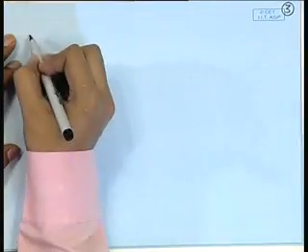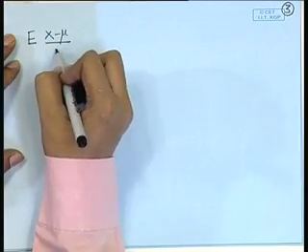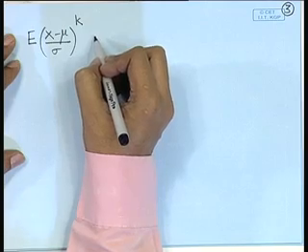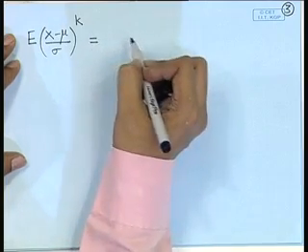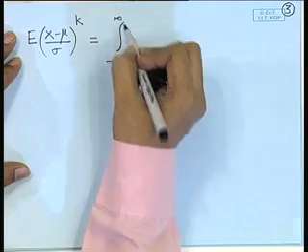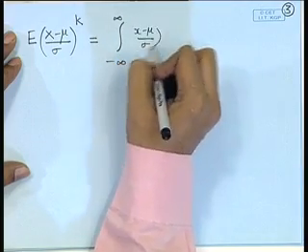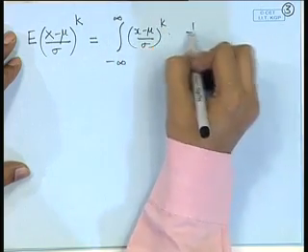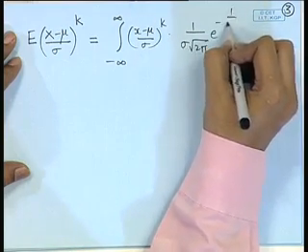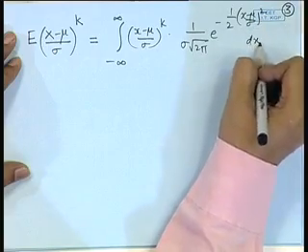Let us consider the expectation of ((x minus mu) by sigma) to the power k. So this is equal to the integral from minus infinity to infinity of ((x minus mu) by sigma) to the power k 1 by sigma root 2 pi e to the power minus 1 by 2 ((x minus mu) by sigma) whole square dx.